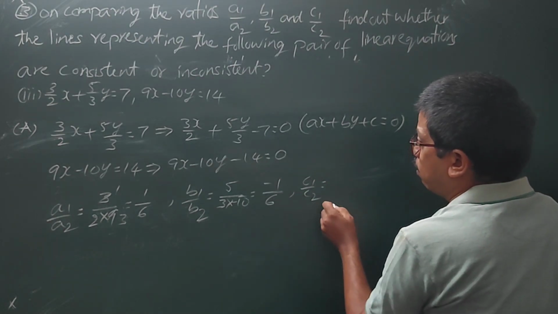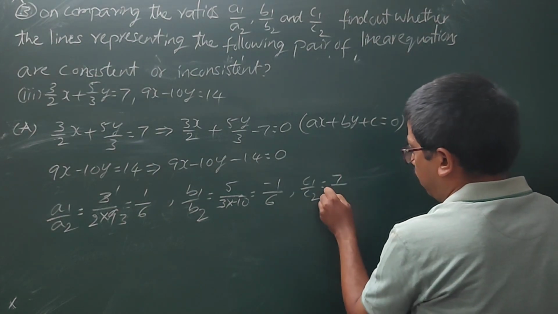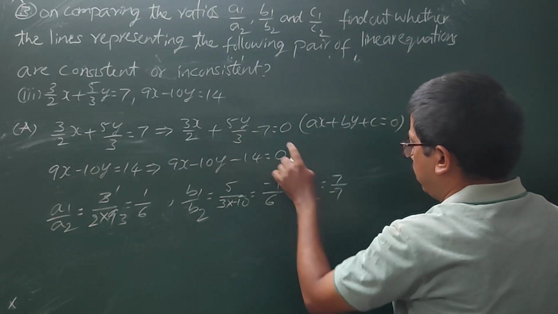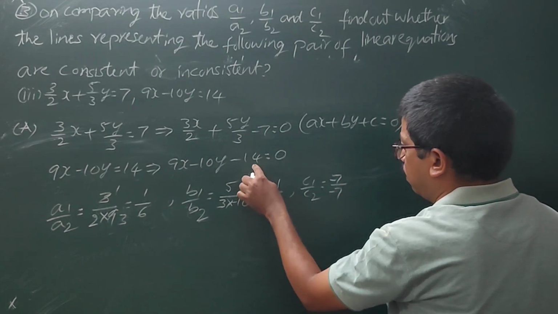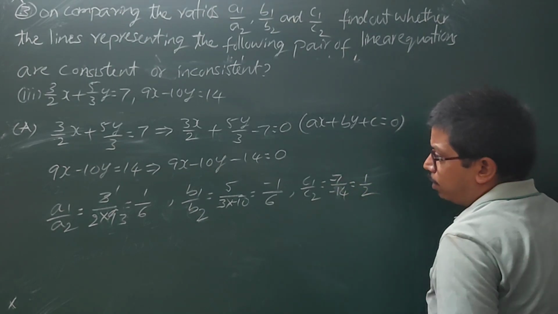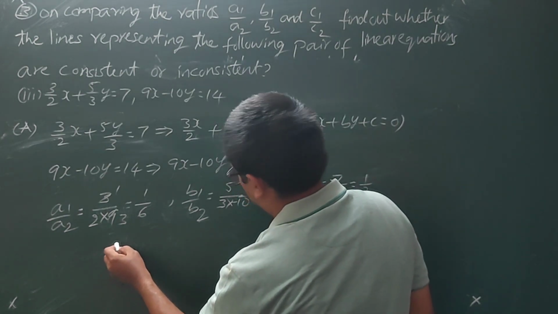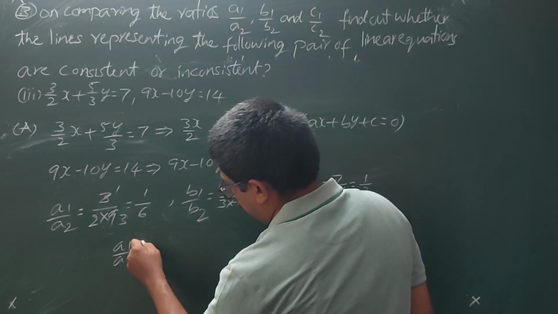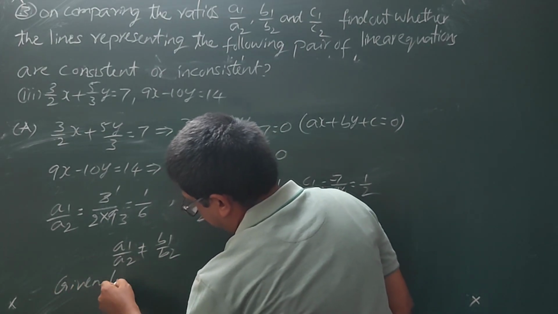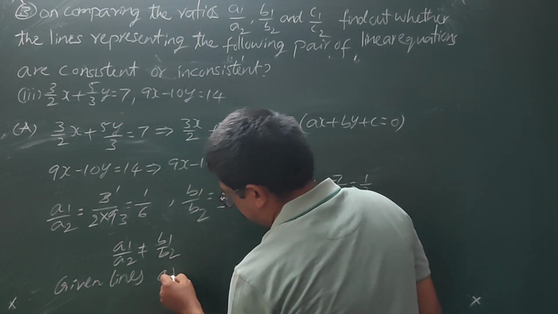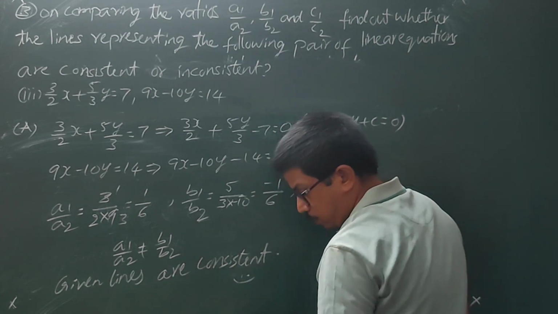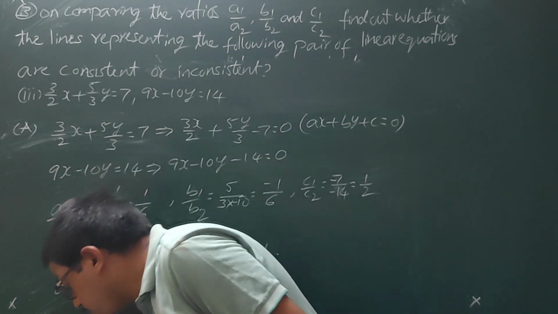Next c1 by c2, minus 7 by minus 14 becomes 1 by 2. We can observe a1 by a2 not equal to b1 by b2. So given lines are consistent, that means they have a unique solution.